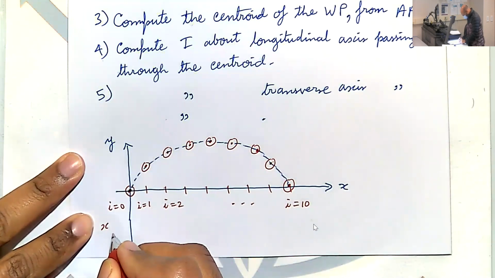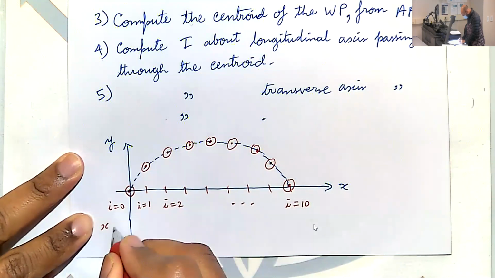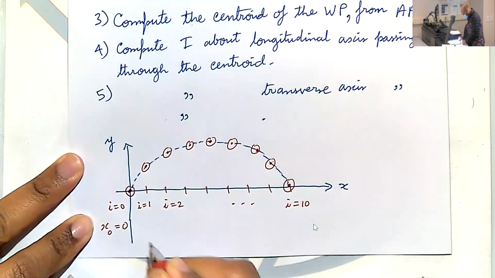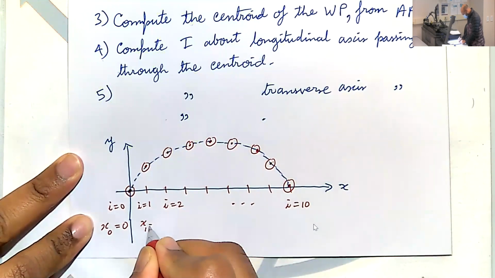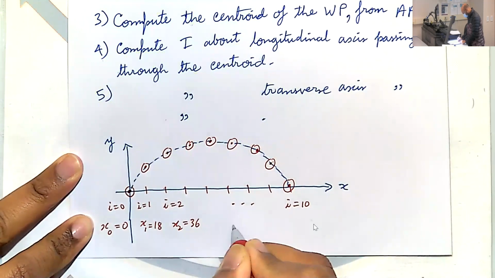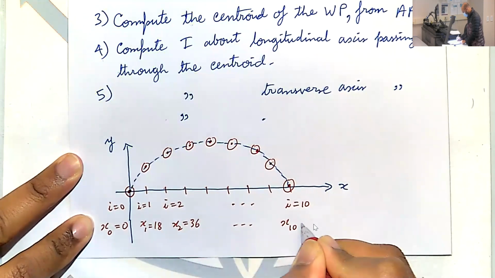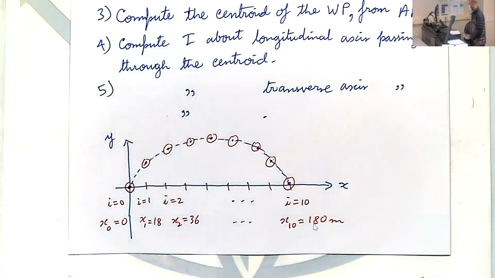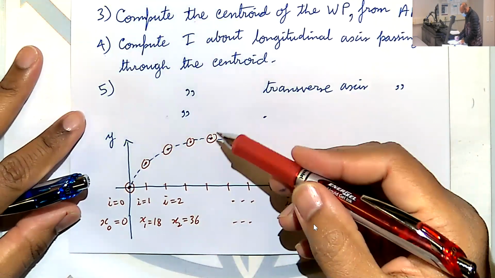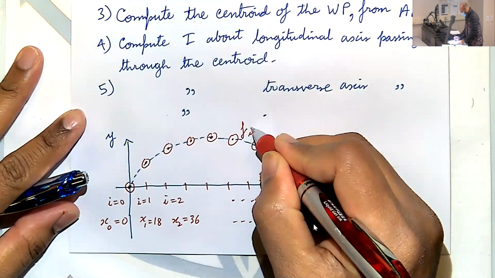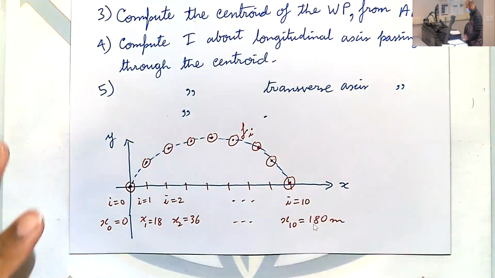Yeah, let's use the same subscript xi. So x0 is 0, x1 is 18, x2 is 36, dot dot dot, x10 is 180 meters. And similarly, we have the corresponding fi values given, the y values.